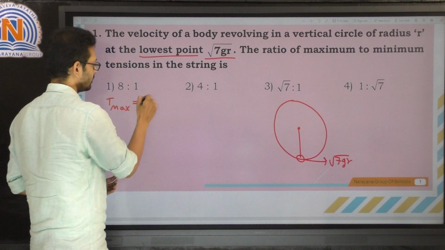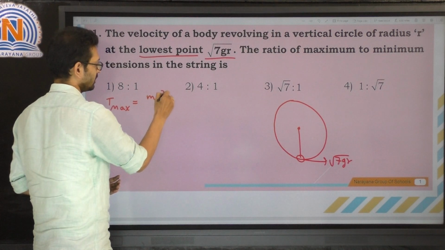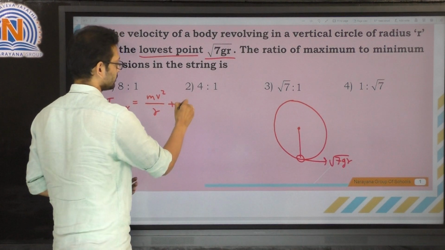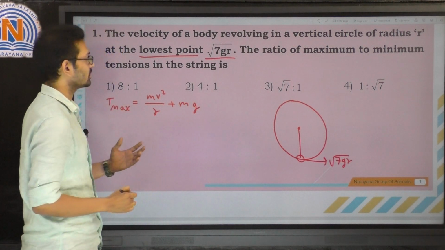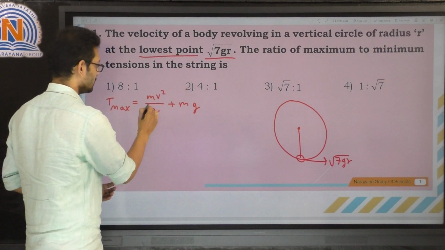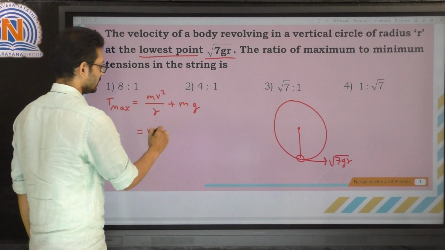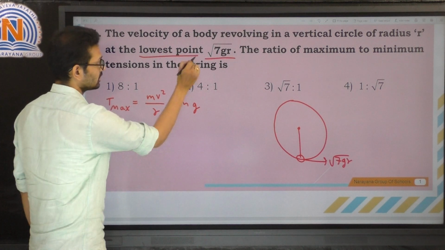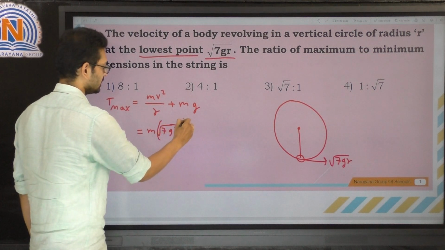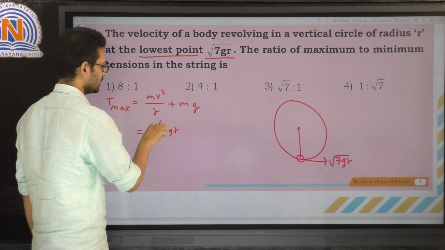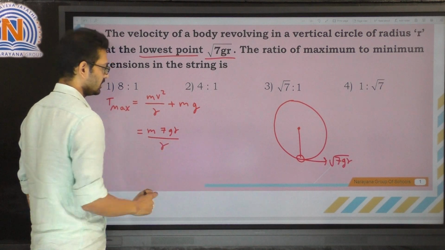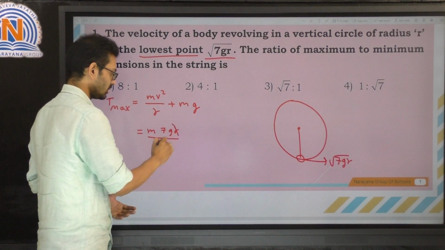T max is nothing but mv square by r plus mg. Now if you substitute the values, v square is m into root 7 gr whole square, so this root and that square get cancelled. So I am going to write it like 7 gr by r. Here r and r get cancelled.